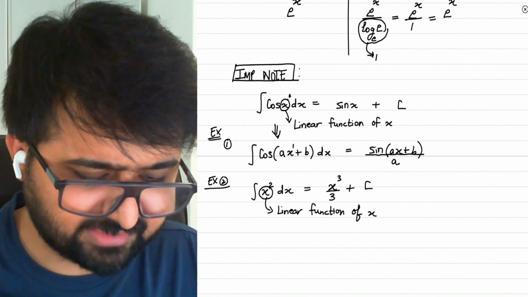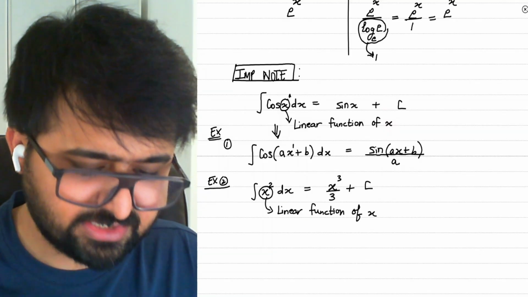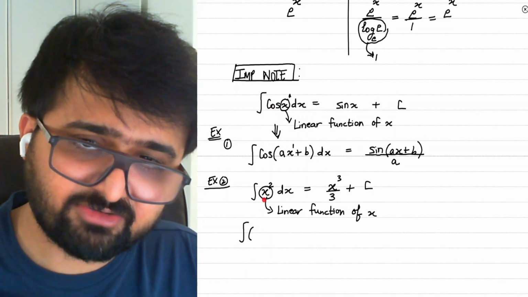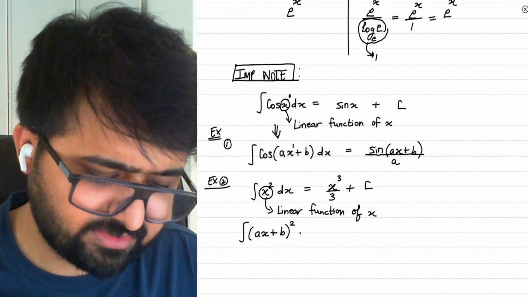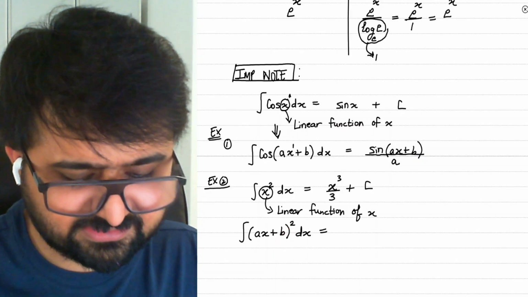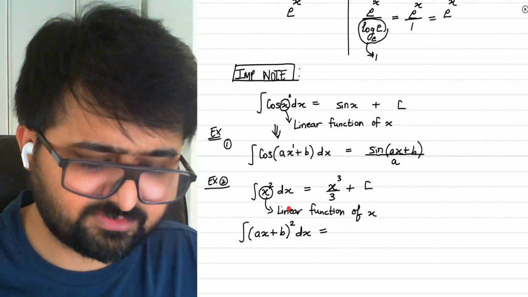Your function would become, instead of x, we can write (ax plus b) the whole squared dx. Okay, the only difference is instead of x, we wrote ax plus b. We kept the square the way it is.